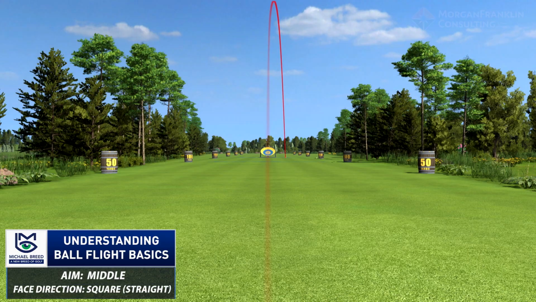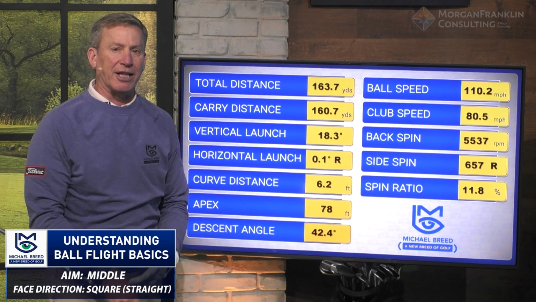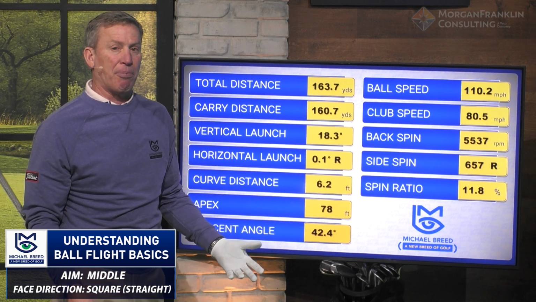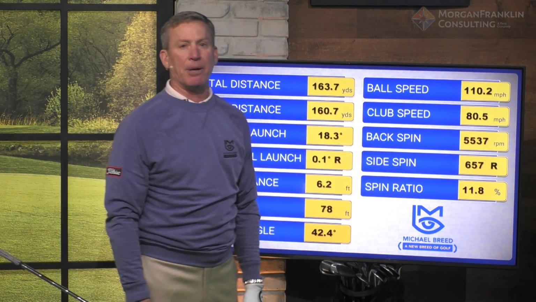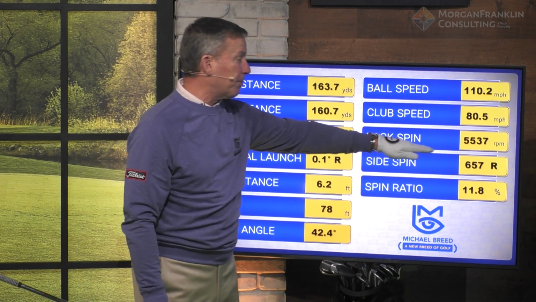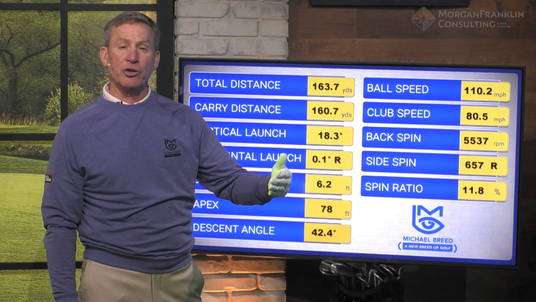So now, when we look at what the information tells us, that's 0.1 to the right. That's pretty straight. I mean, 0.0 is dead straight. 0.1, that's dead straight. And then I got 657 RPMs to the right, which is why I curved to the right, but it's not 3,400. And then what we got with the backspin, 5,500 in the backspin instead of 7,700.